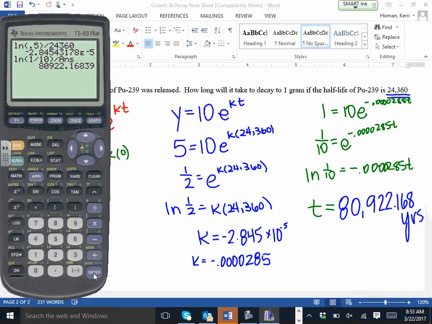I got 80,934.792. I'm getting different answers. Do you have the natural log of 1/10 divided by the answer from your calculator? Yes. How many zeros are there? Oh, now I got 934.